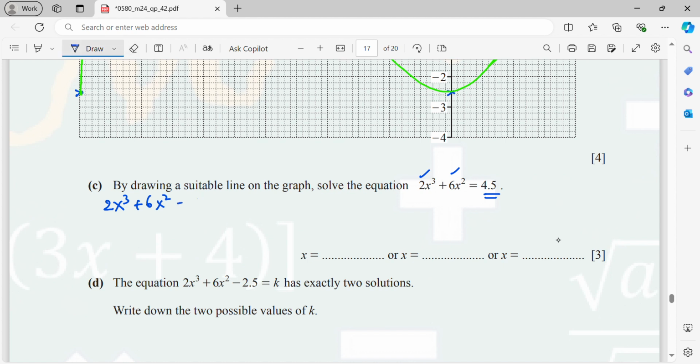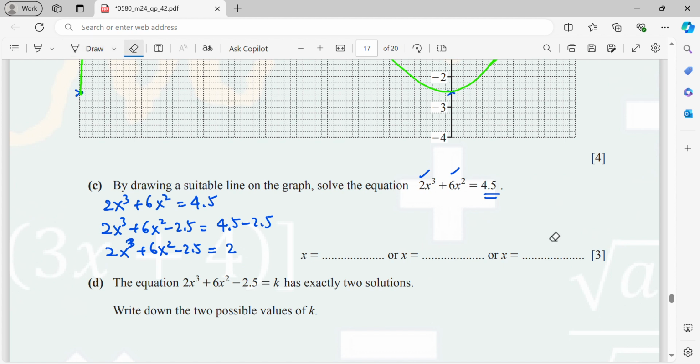So this equals 4.5. So what I need to do here is write 2x cubed plus 6x squared minus 2.5. Then since on the left side I minus 2.5, my right side also minus 2.5. Okay, that means I'm getting another value on the right side. That is my other equation.